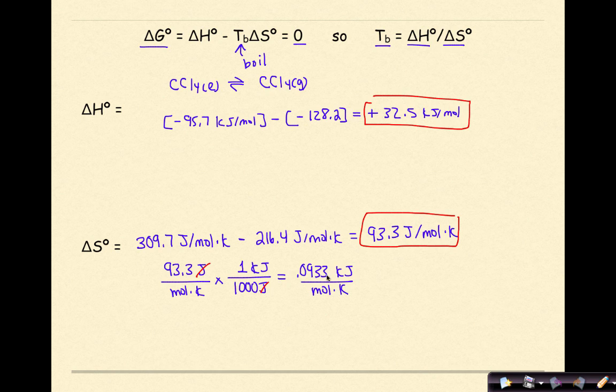And now, based on this, I can take it into this formula up here and solve for the temperature at boiling point. So temperature at the boiling point is going to equal delta H at standard state over delta S at standard state. So I'm going to take my values, which is going to be 32.5 kilojoules per 1 mole, and divide that by 0.0933 kilojoules per mole Kelvin.